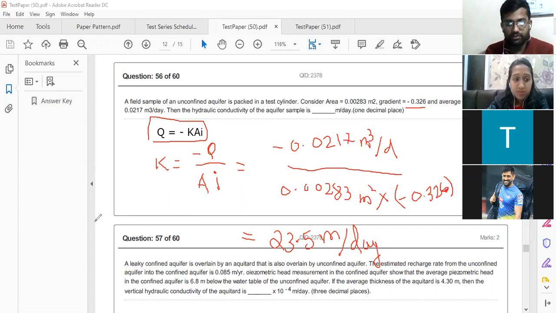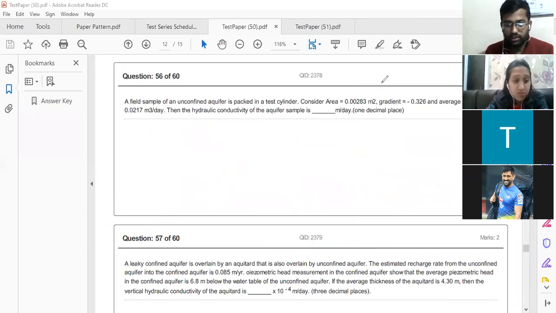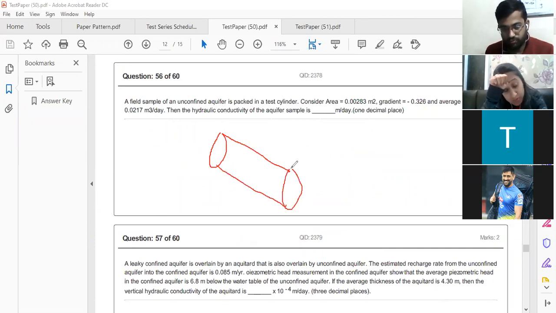See, what is gradient actually? Tell me, what is gradient? It is change in height upon change in length. So if we are considering Darcy's laboratory experiment, what are we considering actually? Let's say this is your initial height and this is your final height.